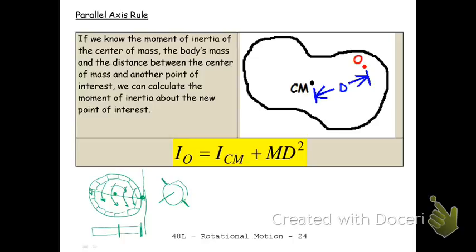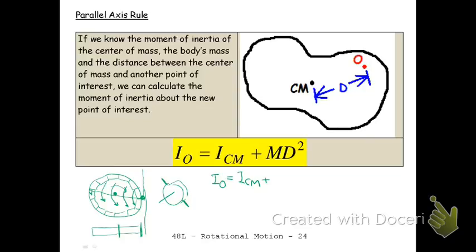If they are, then we can say that our moment of inertia about our point of interest is equal to our moment of inertia about our centre of mass plus another term. I'd appeal to you: learn the equation, but it's not that hard if you use your physics underpinning.